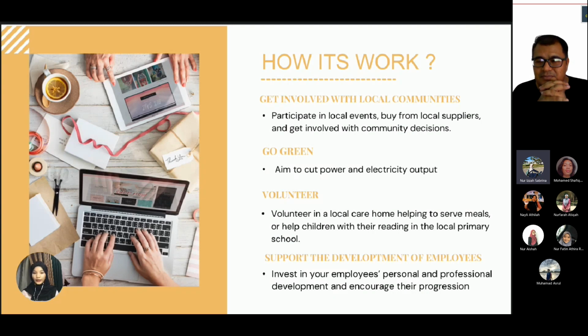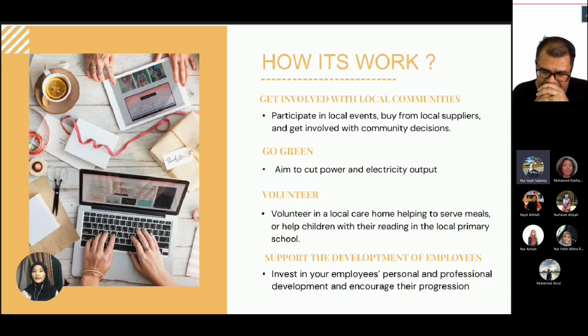Okay, third one is go green. That means you should aim to cut your power and electricity output. For instance, ask all staff to turn off their computers when they are not using them, such as on their lunch break or during meetings. Second one is ensure everyone turns lights off in a room when they leave it.